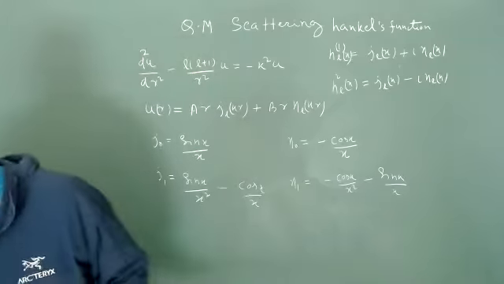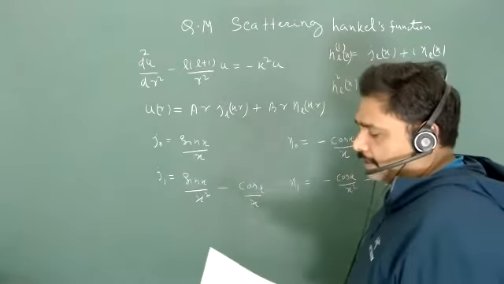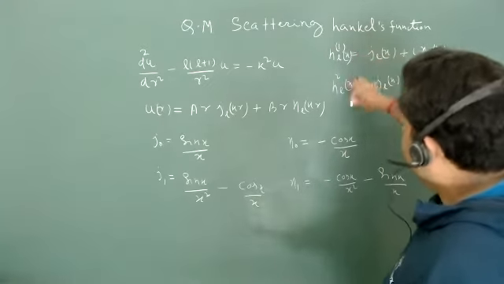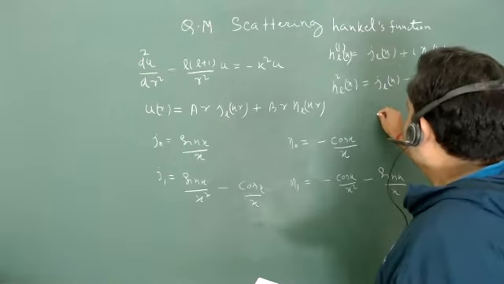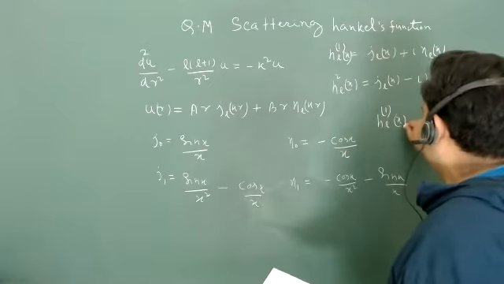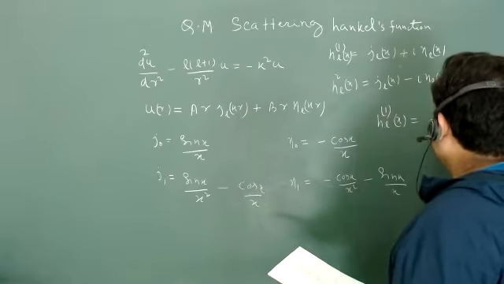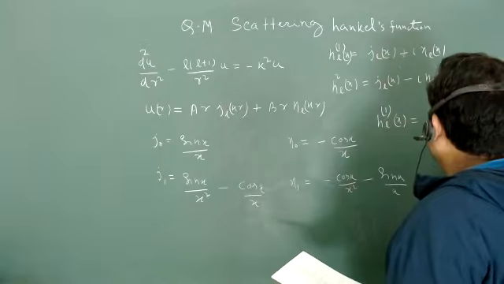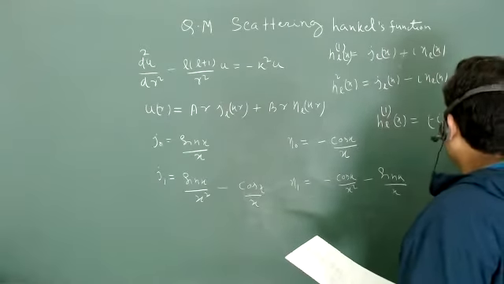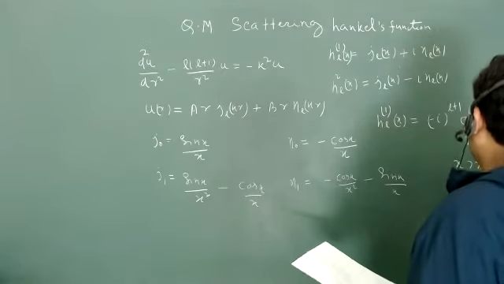And what is the property of the Hankel function? The property of the Hankel function is very interesting. For the h_l1 type Hankel function, let's say a function of x, it has the property of minus i to the power l plus 1, e to the power ix by x, when x is much greater than 1.